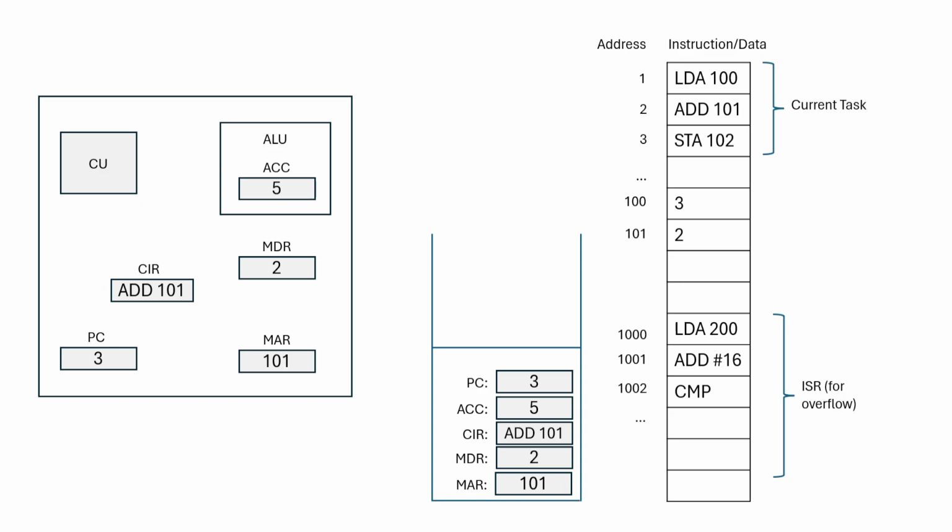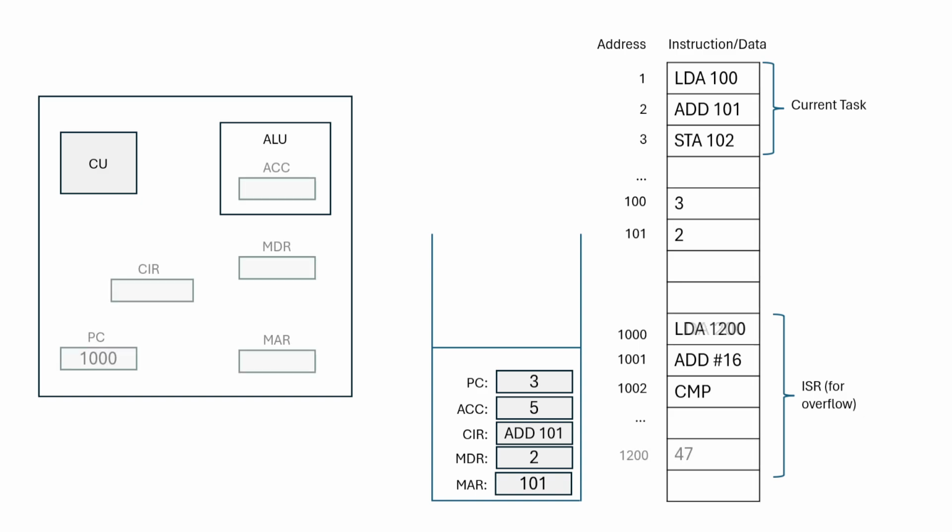We then ask, what type of interrupt was it? Well, it was an overflow interrupt. And we can see here that the instructions for the overflow interrupt service routine start at address 1000. So we need to put address 1000 into the program counter. Now the instructions are going to start here, and it's going to run the code for the overflow, whatever that is.